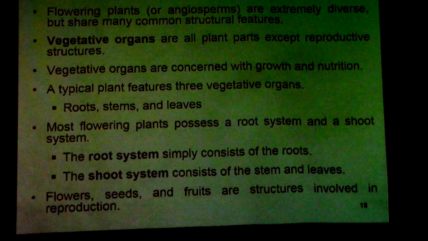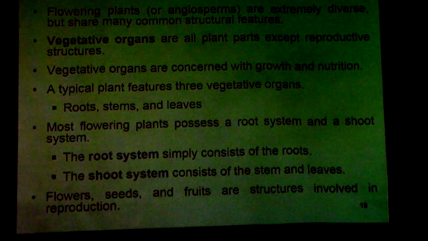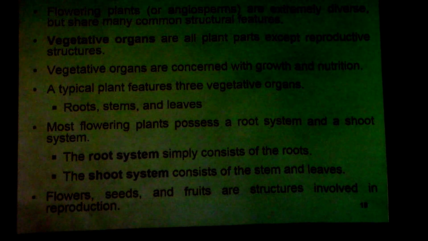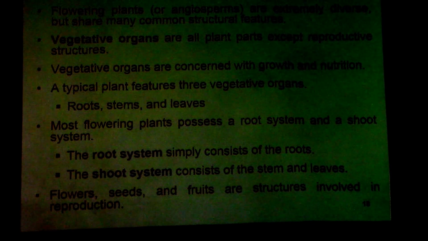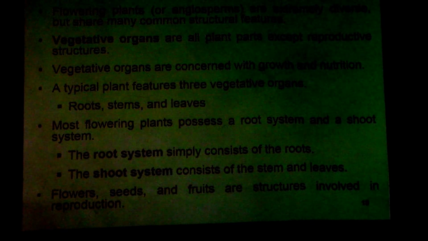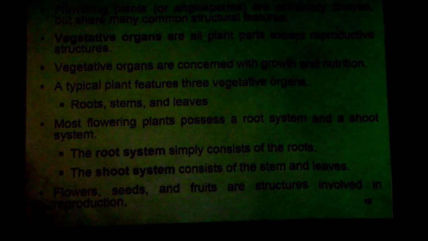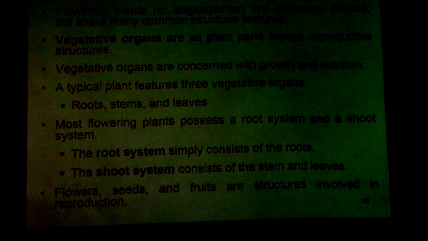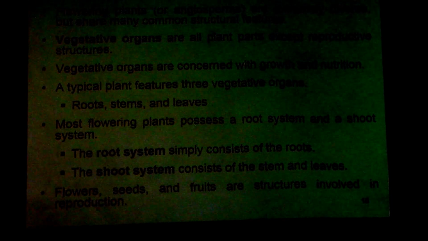Okay, so different organs of the flowering plants. The plants are made of roots, shoots, and trunk. These are the three main types of organs. And then the fourth one is the flowers, which are considered part of the shoot system. So roots are underground and the shoot system is above ground.